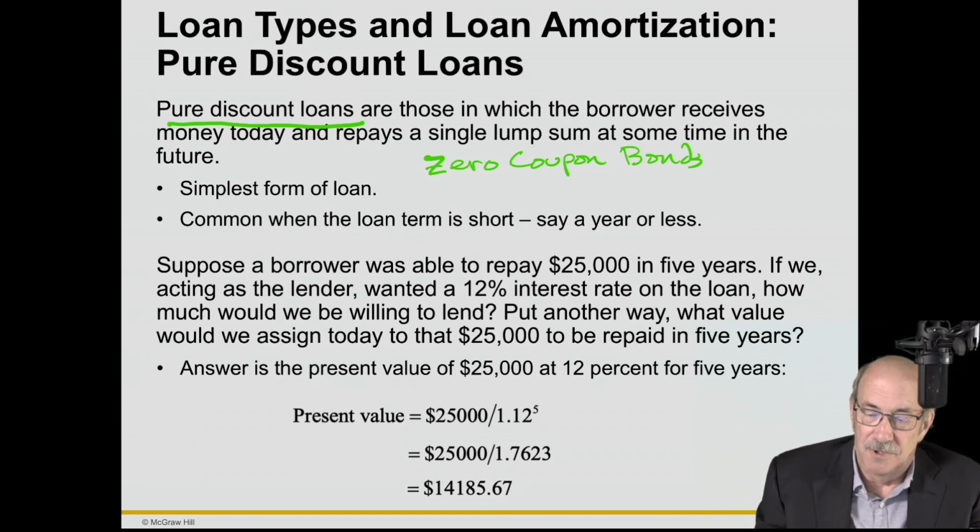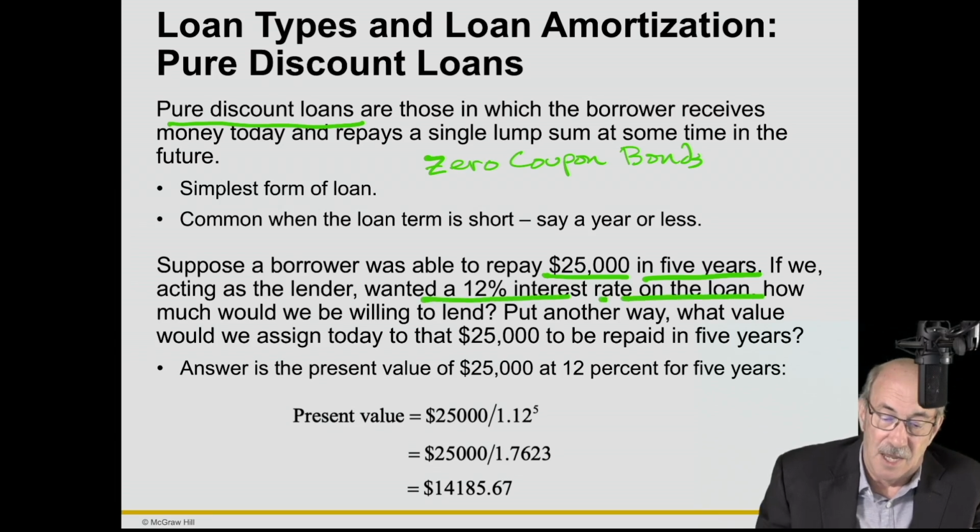All right, so here's an example. Suppose that a borrower was able to repay $25,000 in 5 years. If we act as the lender and want a 12% interest rate on the loan, how much would you be willing to lend? Put another way, what value would we assign to $25,000 to be repaid in 5 years?